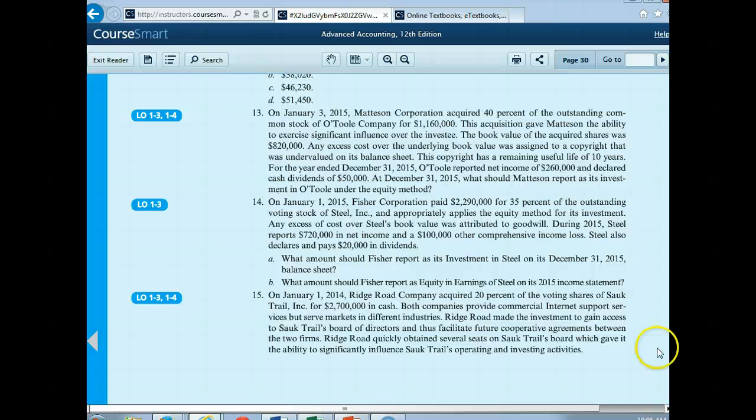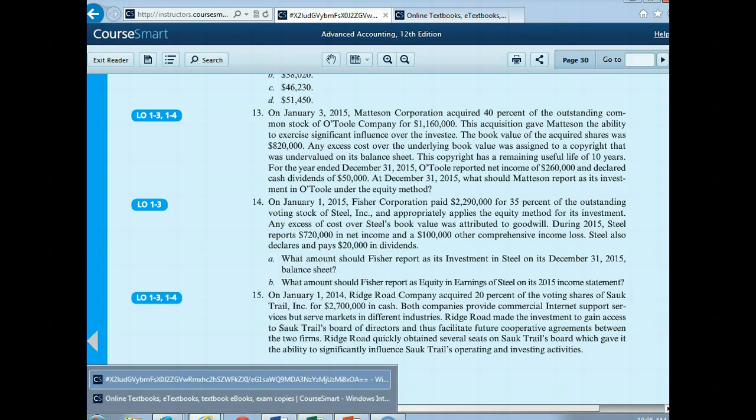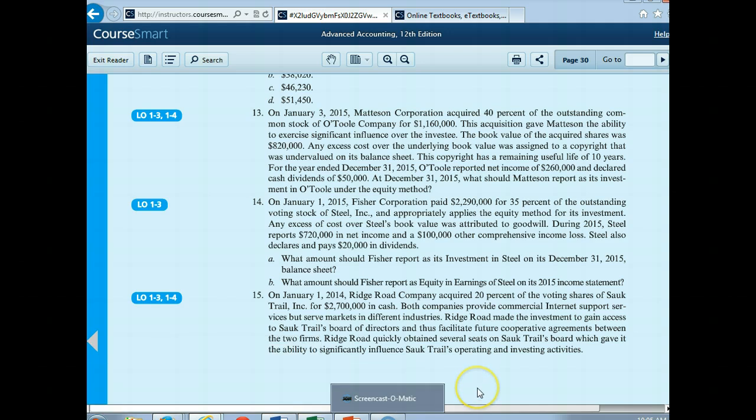As far as the investment goes, the asset piece only, we're going to start with showing what we paid for it. We don't really need to do anything right now with our goodwill, because goodwill is not amortized.